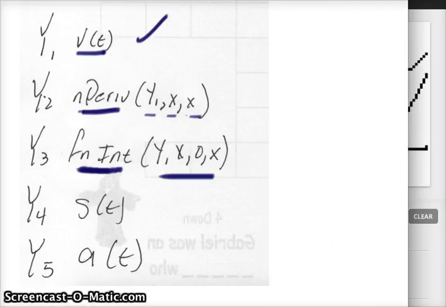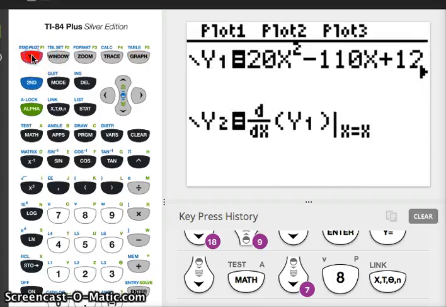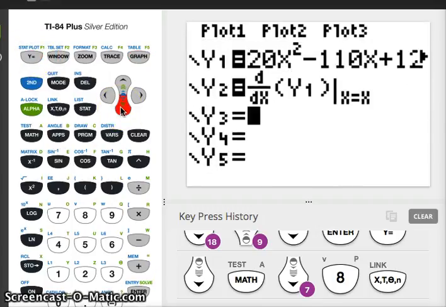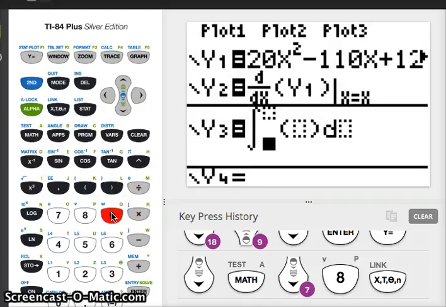So here we go. Let's get the calculator out. And we're going to hit y equal, and go down a couple. We're going to go to math. Let's see, it's probably 9. Okay. Now, I'm a little confused here.